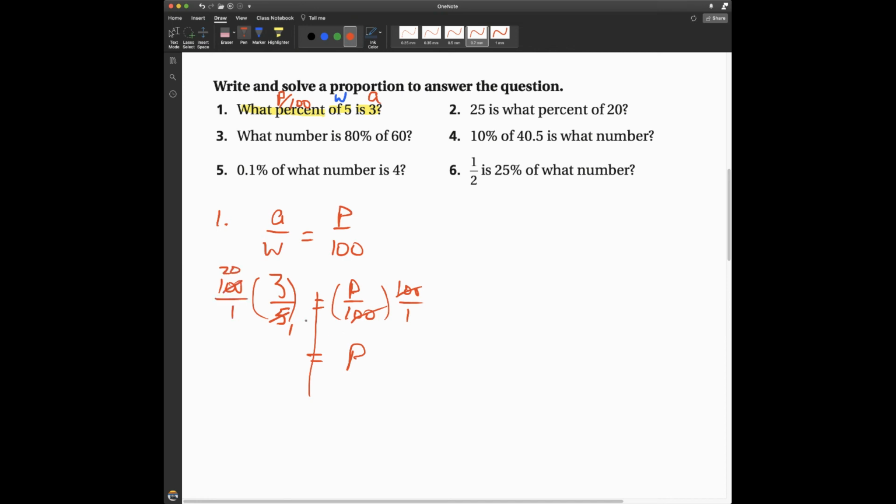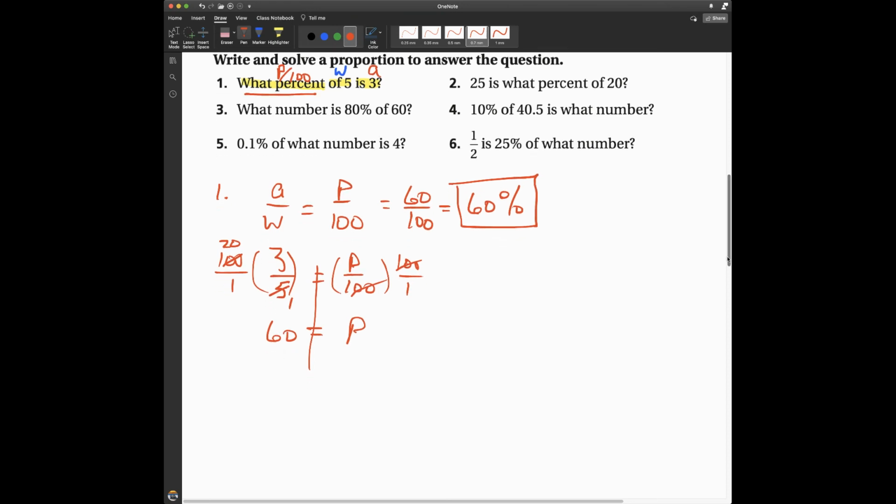And I have 20 times 3, which is 60. So this is 60 over 100, and it says what percent, and I already know that 60 over 100 is 60%. So I have figured out a percent. All right, very good.